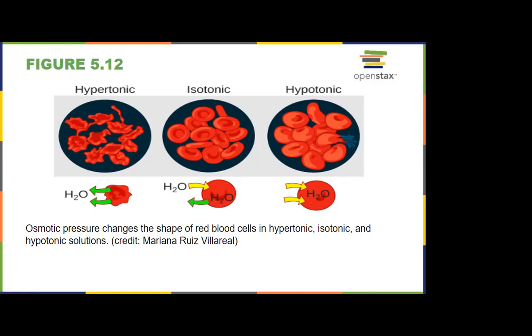That's what I was trying to ask. So I would say that you're only in equilibrium in the isotonic. Oh, okay. Does that make sense to everyone? Yeah, so the rate of water entering and leaving is the same in isotonic solutions, which would be the middle scenario here showing yellow arrow in, green arrow out.